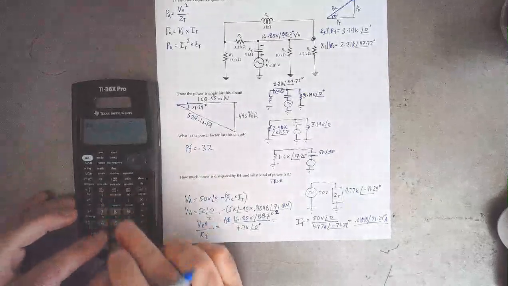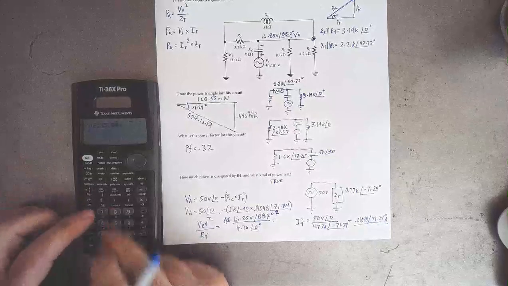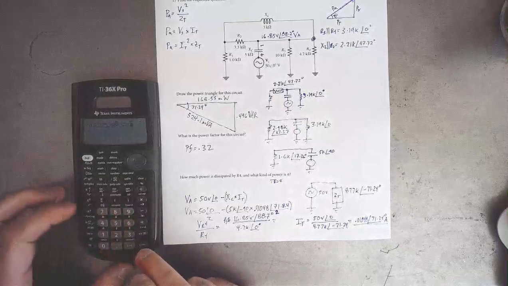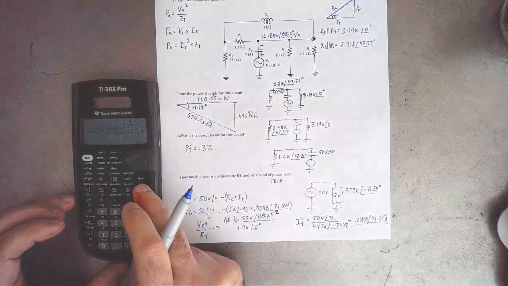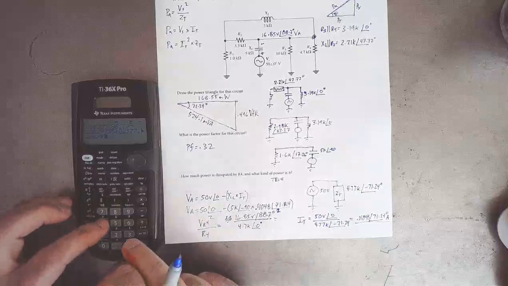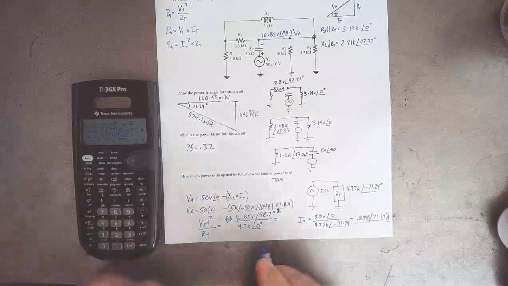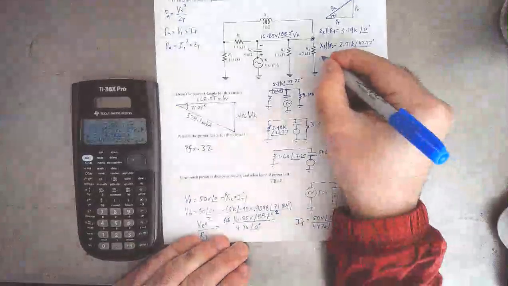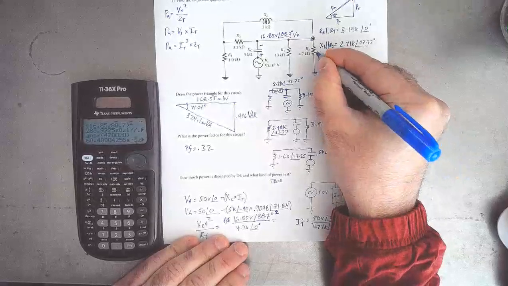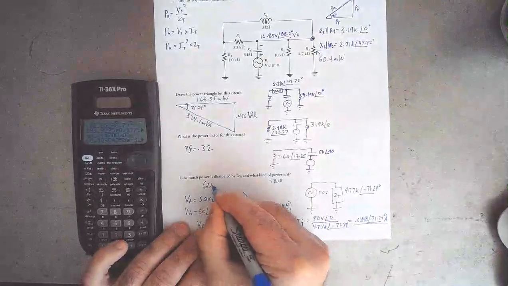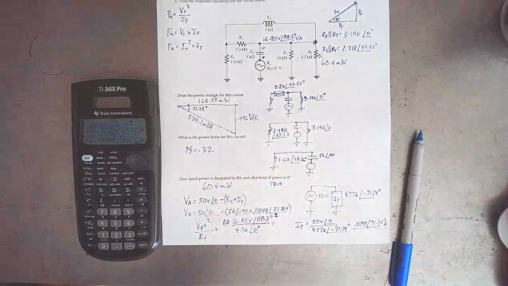So 16.85 volts at an angle of 88.7 degrees, and that is squared. So that takes care of our numerator. Divided by 4.7K at an angle of 0 gives us 60.4 milliwatts dissipated by R4 here. 60.4 milliwatts. And that is true power.